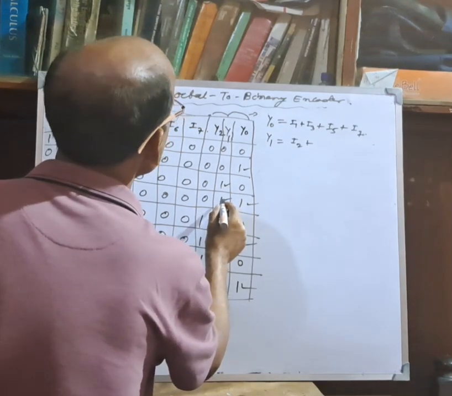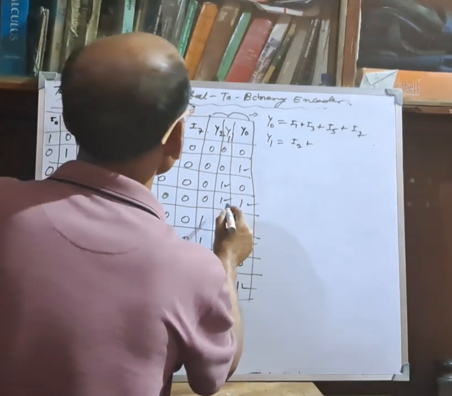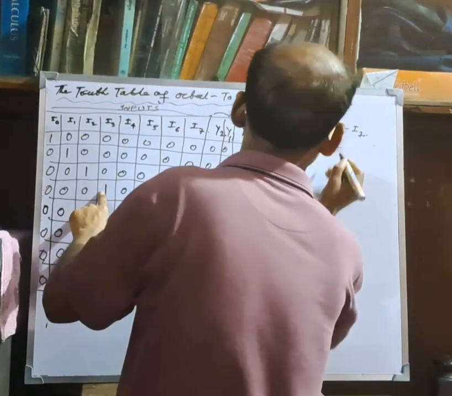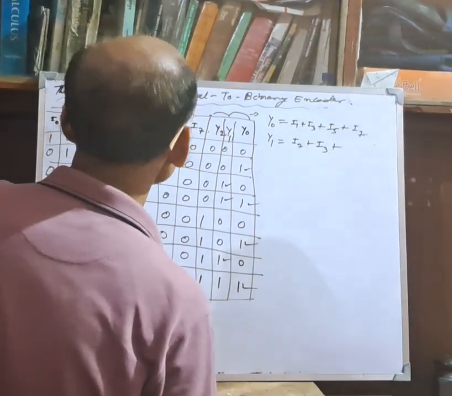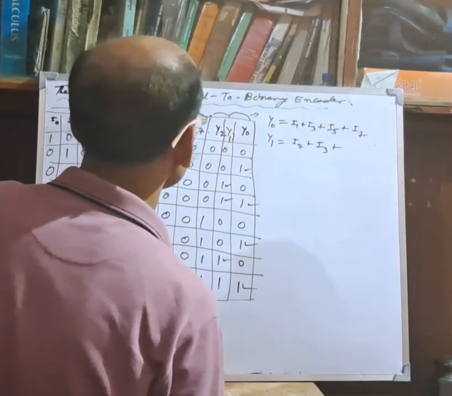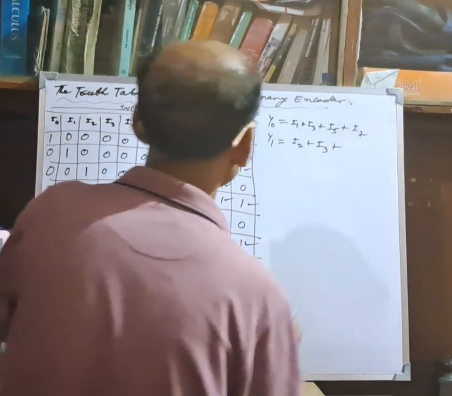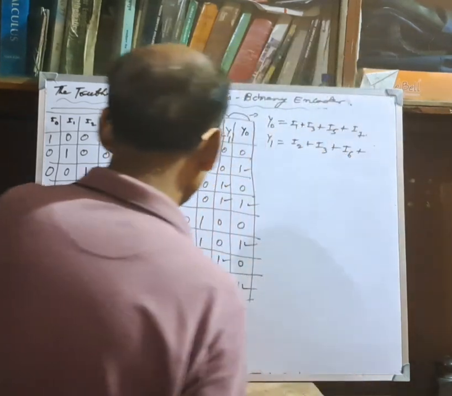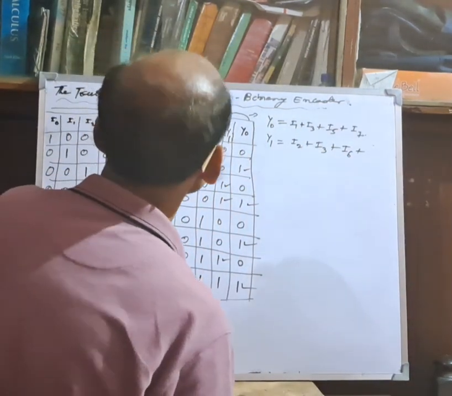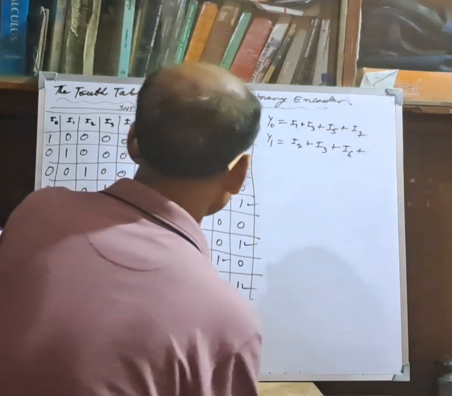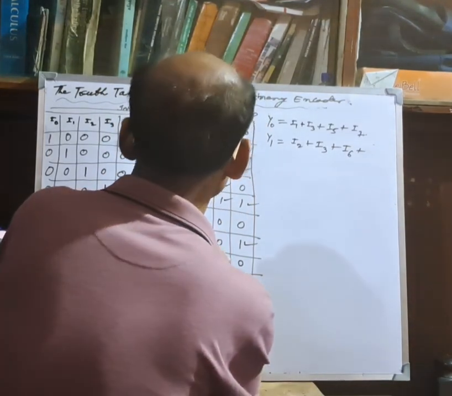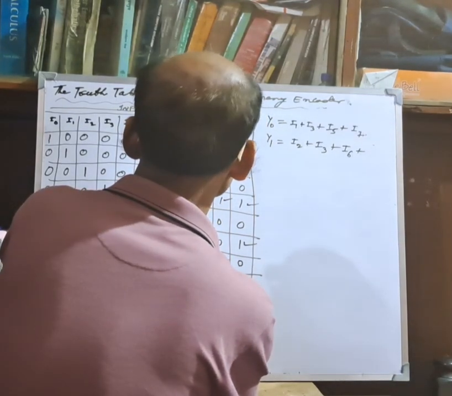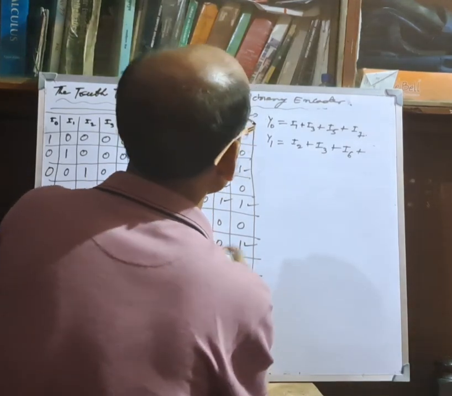Then I am writing here I3, fine, and this is I6 here, and I7 is also there. I6 I have written, and I7 is also there.